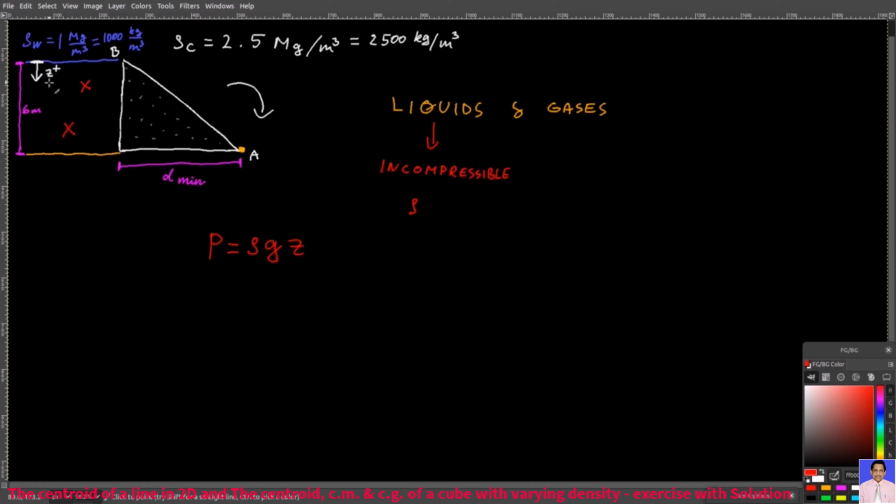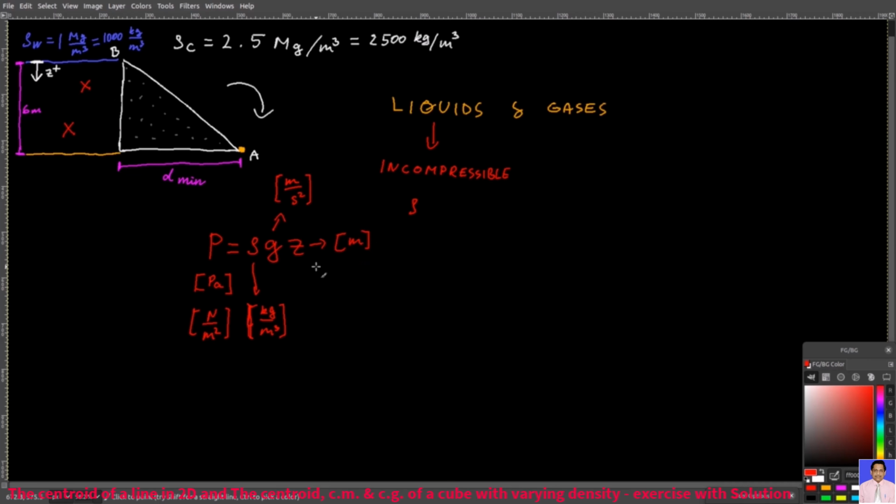So positive z is downwards. This P here is pressure, and it's measured in pascals or newtons over meters squared. Then the density of the liquid has kilograms over cubic meters. g is of course meters per second squared, and z is in meters.